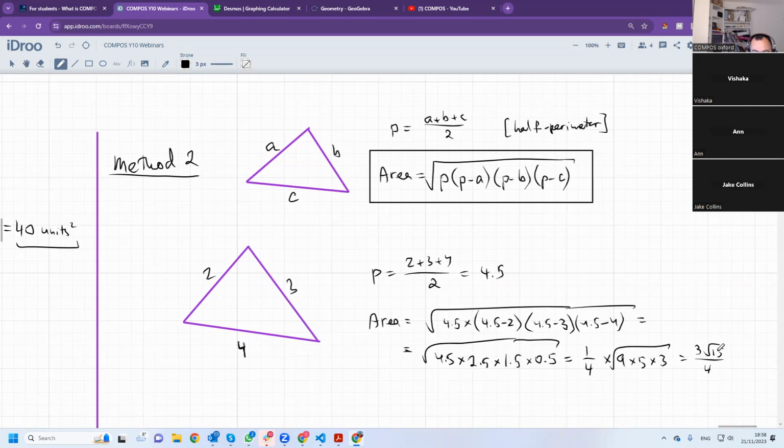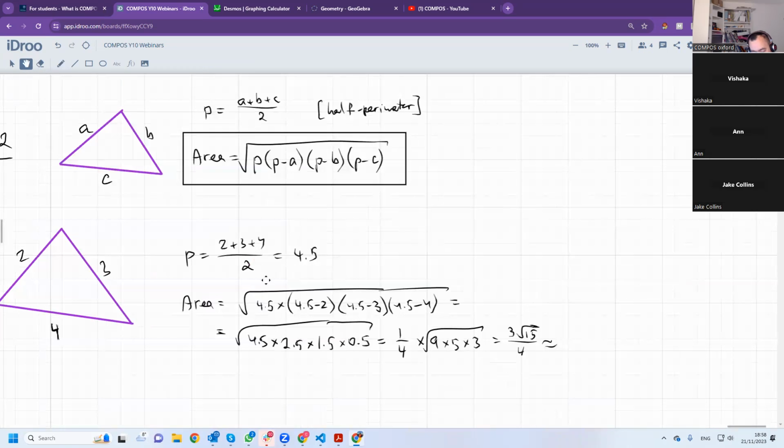I don't think we can simplify any further. Which is approximately 3 root 15 divided by 4, which is about 2.9.